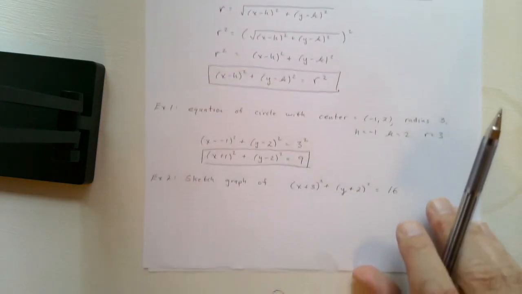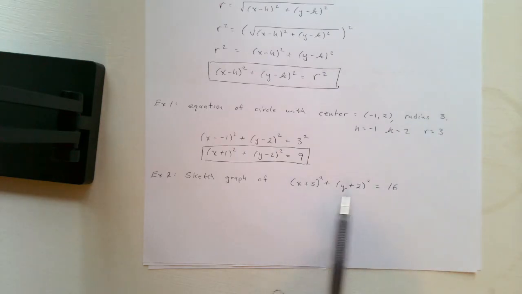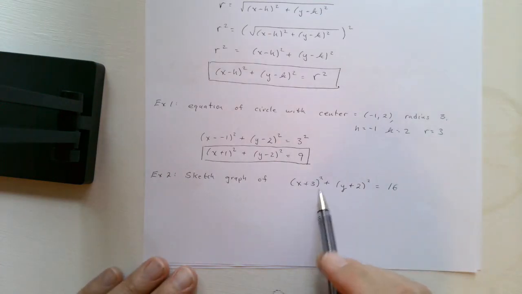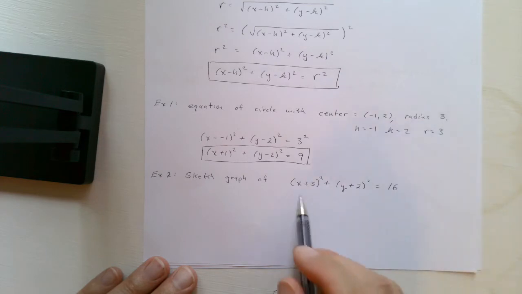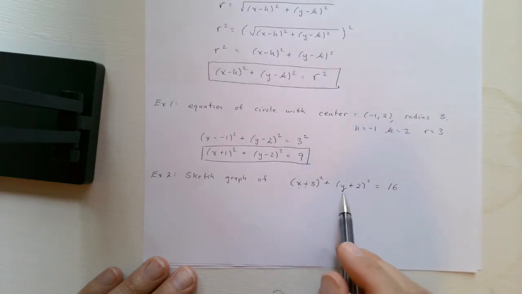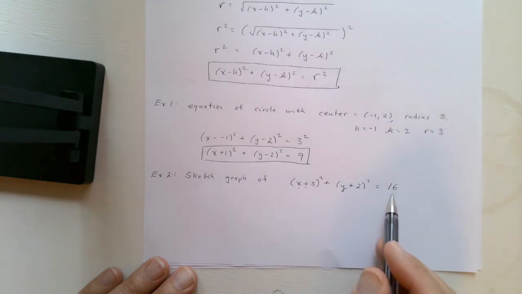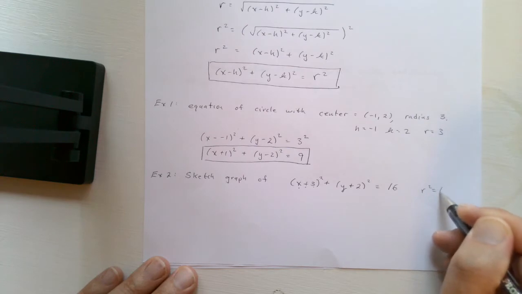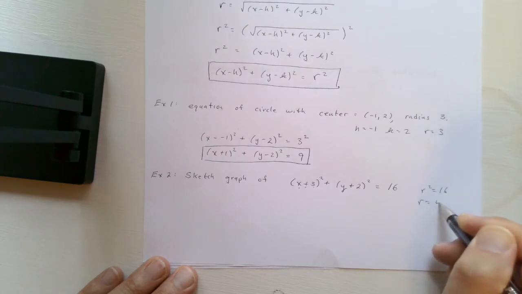Now we go in the other direction. If we have an equation like this, and we want to sketch its graph, we can see what the center and the radius are. We have something in the form (x minus h) squared plus (y minus k) squared equals r squared. We can see that r squared is 16, so r is 4.